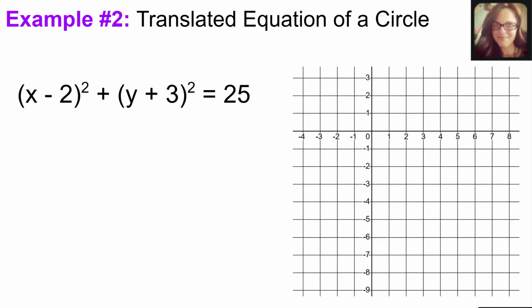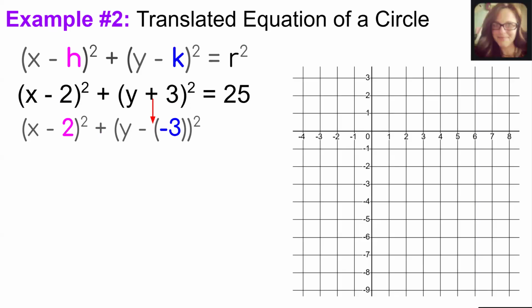Let's take a look at an example, graphing this translated circle. We have our translated circle equation, and I can rewrite y plus 3 as y minus negative 3 to match the translated equation of a circle so that we can clearly see what k is.